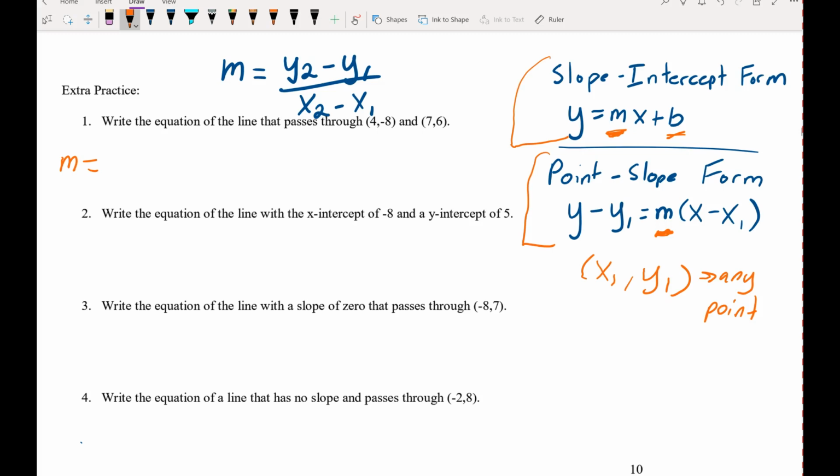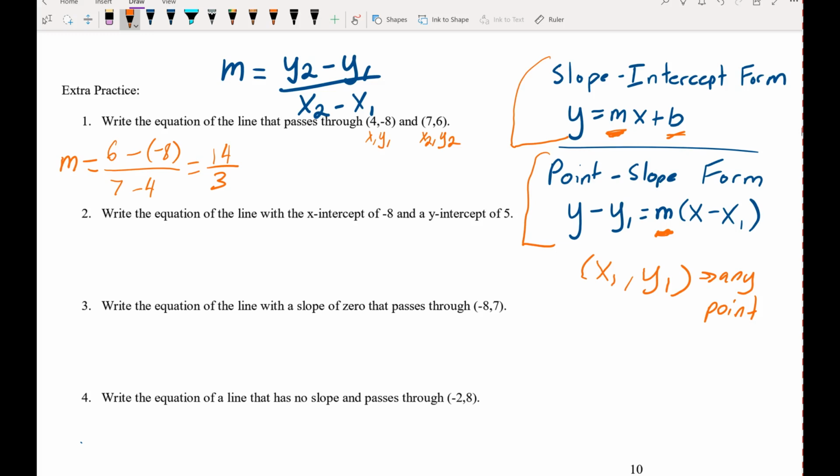If I let my first point be x1, y1, and my second point be x2, y2, then my slope formula is going to look like 6 minus a negative 8 over 7 minus 4. So 6 minus a negative 8 becomes plus 8, and 6 plus 8 is 14 over 3.